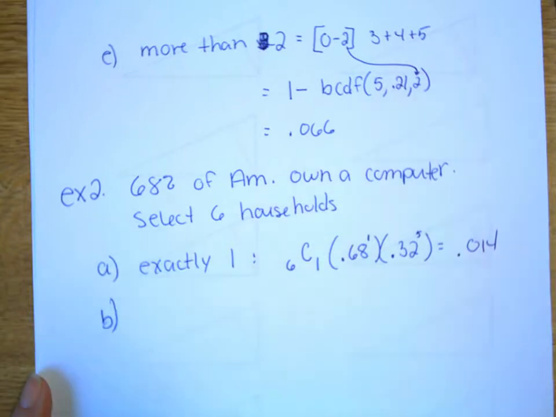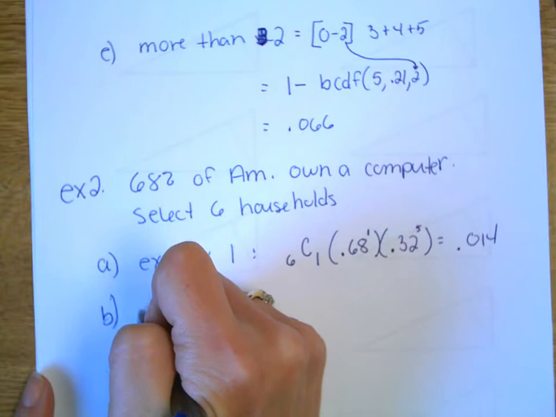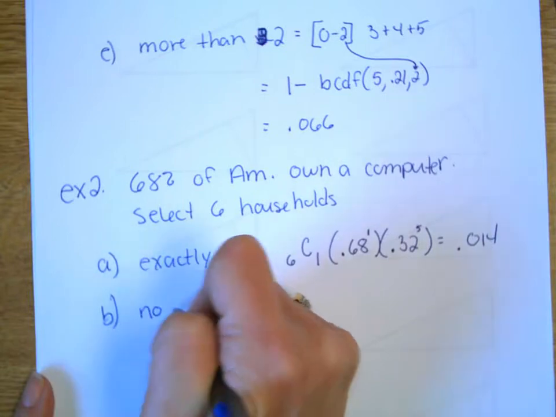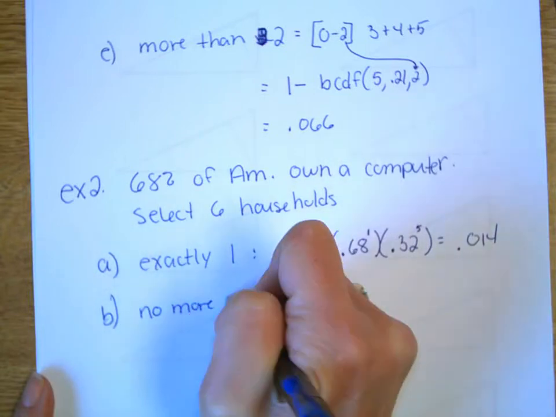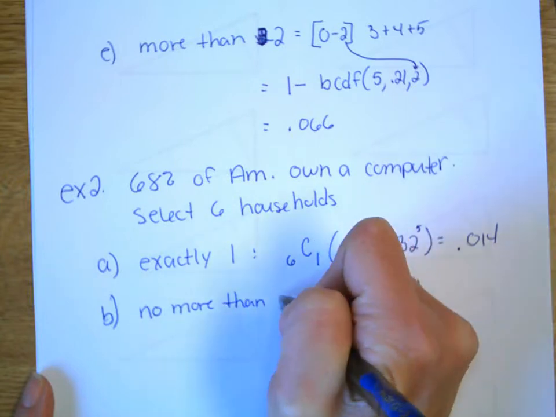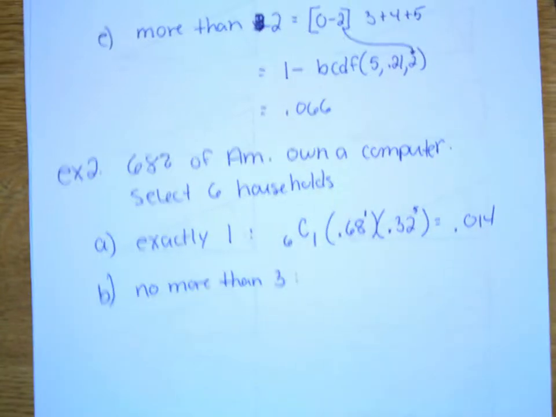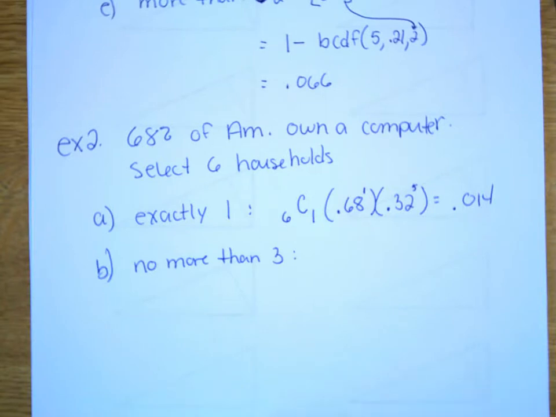All right, let's do our CDF. No more than 3 households have a computer out of the 6.